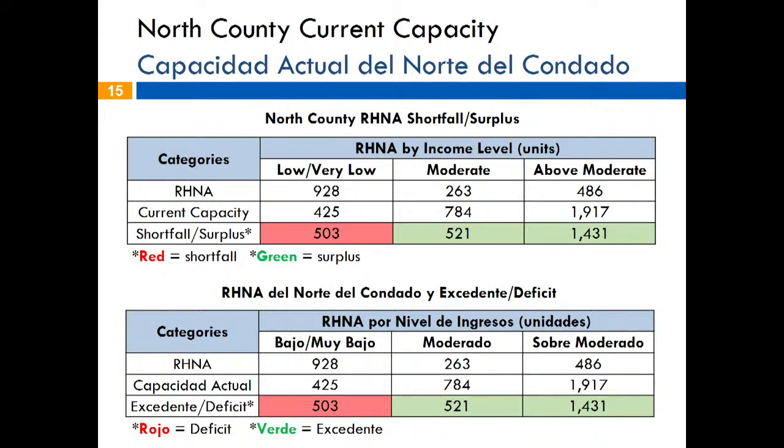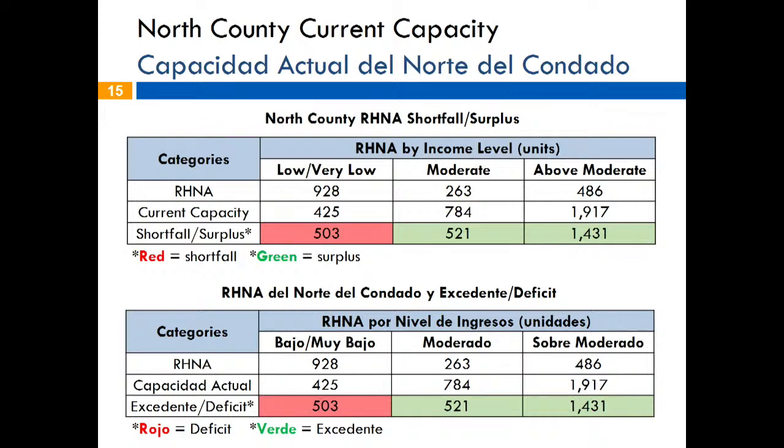The North County RHNA in the first row is based on current zoning, but it includes a 15% buffer for the very low, low, and moderate income categories. This buffer is necessary because some housing projects may not develop at maximum or projected densities, and there are penalties from the state for not having enough sites to meet the RHNA.